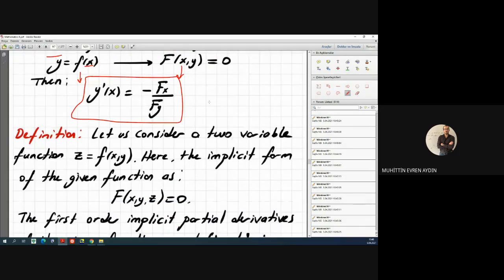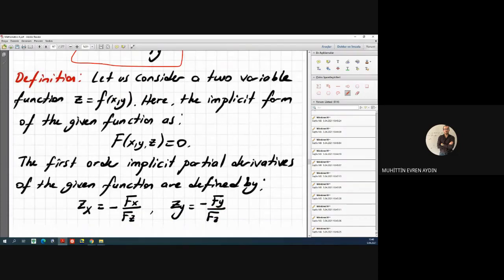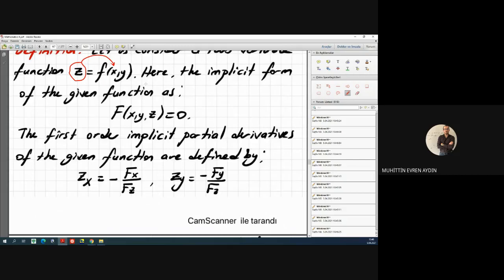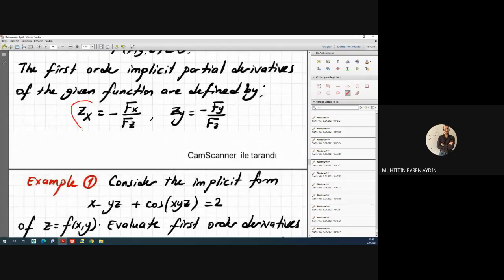So let's see what happens in two or more variables. Okay, and z is a dependent variable on x and y, but the z is not given in explicit form. The z is given in implicit form. Then our formula is like that.